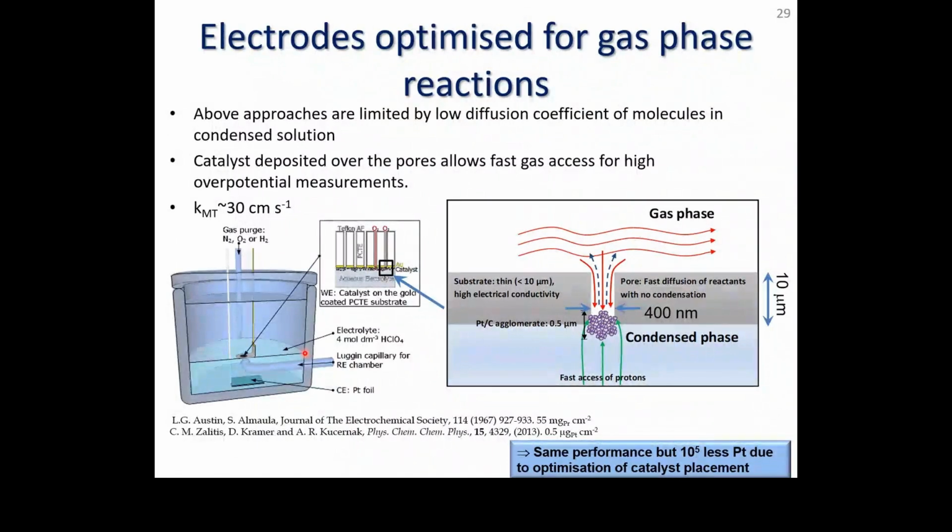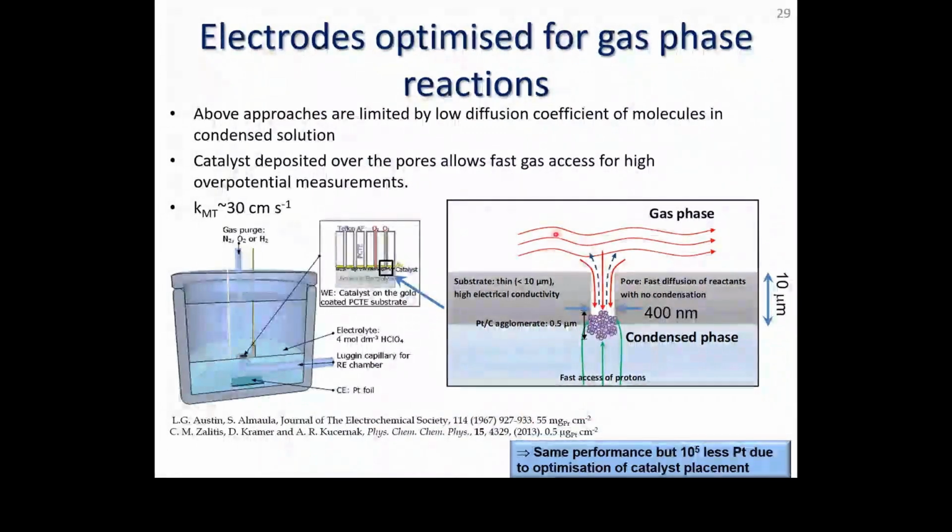And this is a new, or at least a redeveloped approach, where the original idea comes all the way back from the 60s in this paper here. And what we've done is we've re-engineered it, made it much, much better so that we can achieve the same sort of performance that was achieved in 1967 with 100,000 times less catalyst.